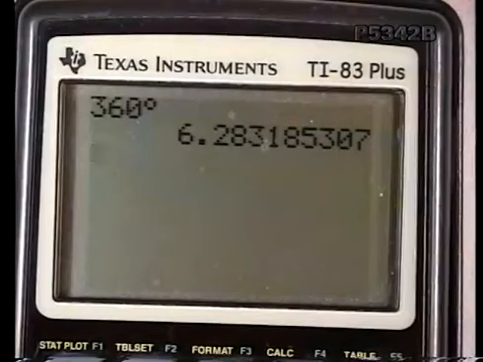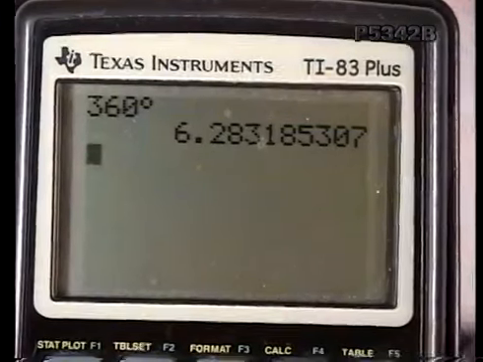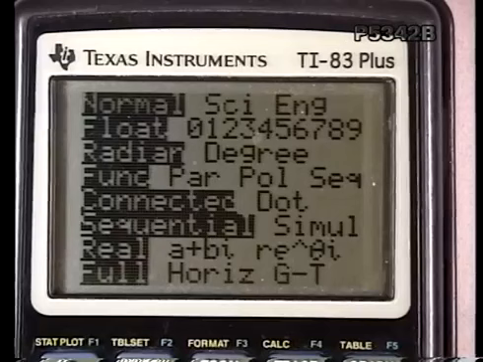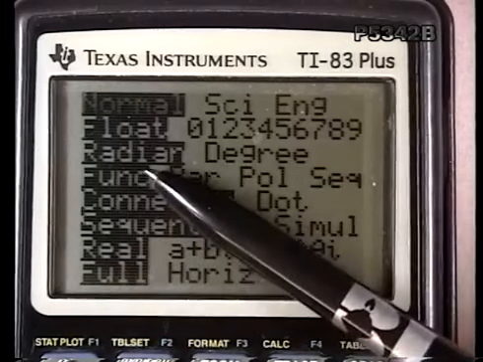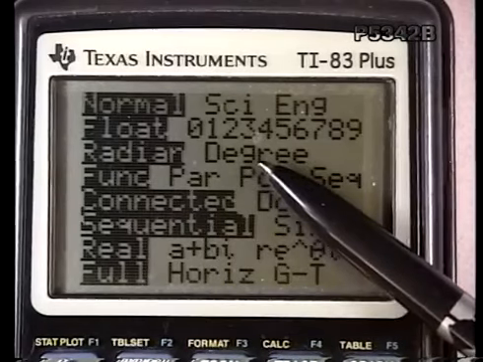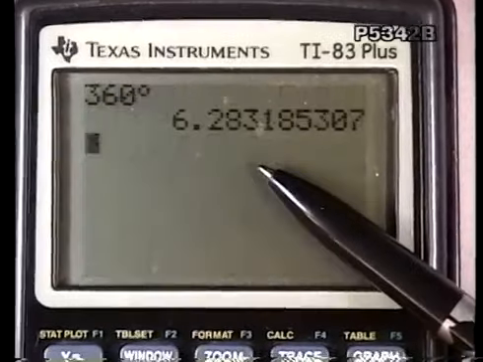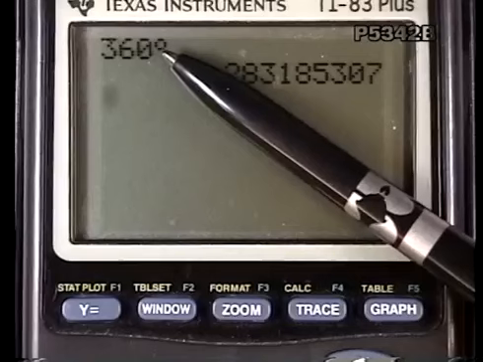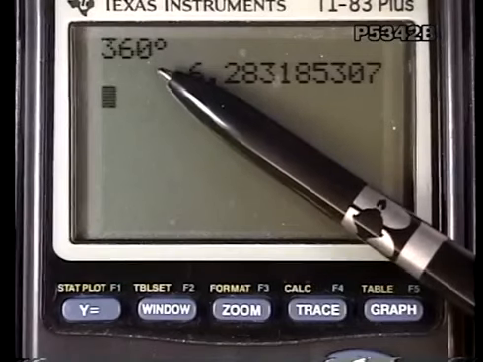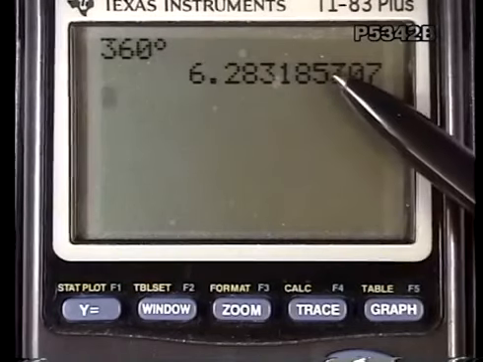On your calculator, the important part is making sure the mode is right. You want the answer in radians, you set your calculator on radians. You want it in degrees, you set your calculator on degrees. The other thing you have to remember is that when you put the answer in, you have to either put the degree symbol or the radian. This is degrees to radians.